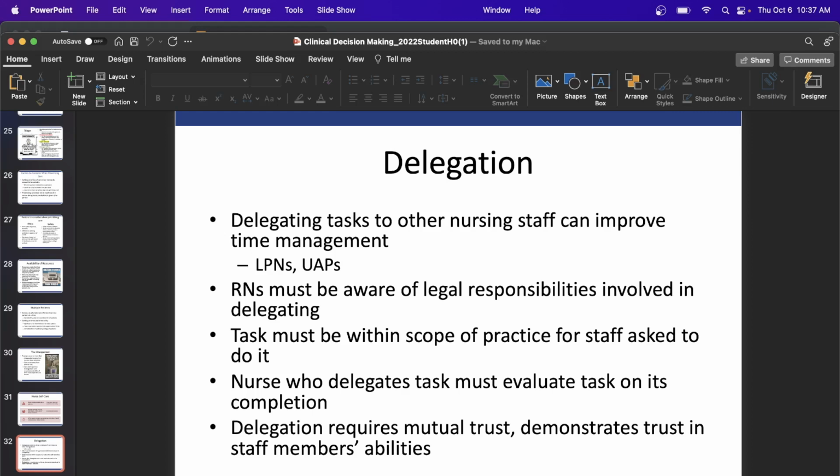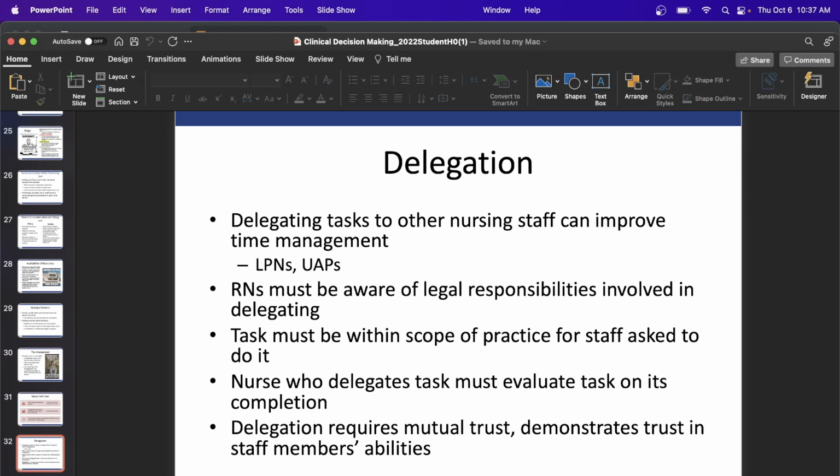Their job is to do the task, but they can only do it as well as you direct and or supervise them. If they're experienced, do I need to go in and do their blood sugar again? No, the whole point of delegation is to have them do it. It's not that they're doing it incorrectly, they weren't given the appropriate direction and supervision.